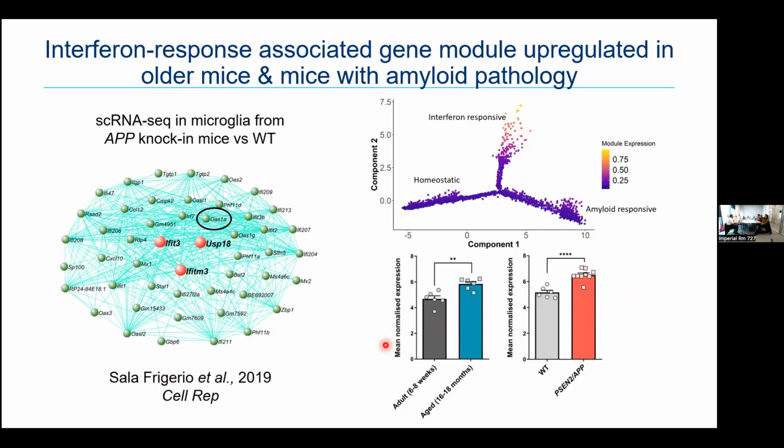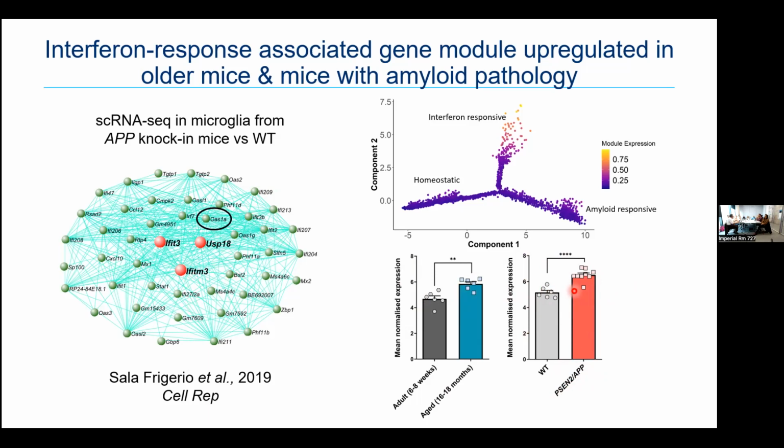We found that this collection of genes was increased in the old microglia compared to the young microglia, and similarly in a different mouse model of Alzheimer's, a presenilin APP transgenic animal. This module of genes shows increased expression in the amyloid animals compared to the controls. So again, nice dependency on age and pathology here, amyloid pathology.